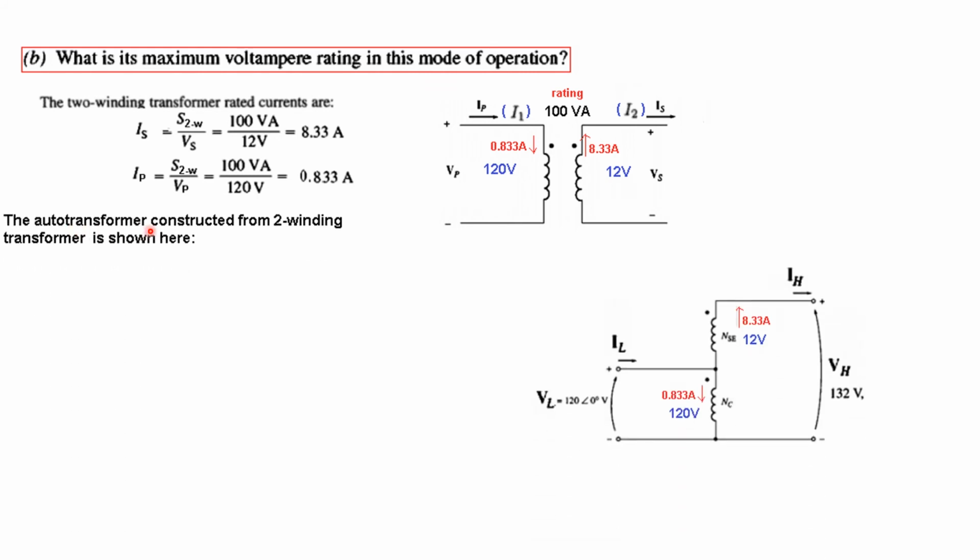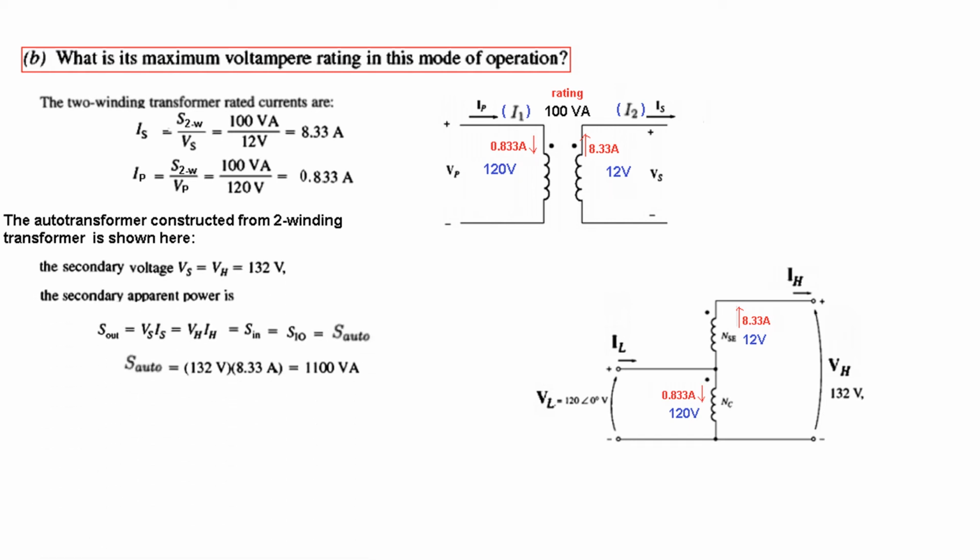Now the autotransformer constructed from the two-winding transformer is shown here. Now this is the autotransformer. We have taken this up, and this is the autotransformer now, and all the currents are shown. Now the secondary voltage we found out to be 132 volts, this one.